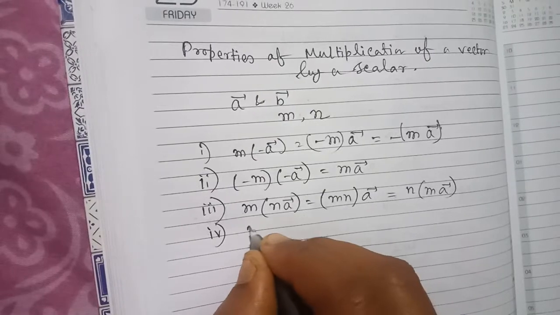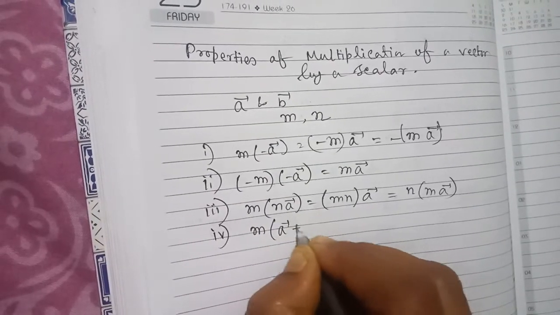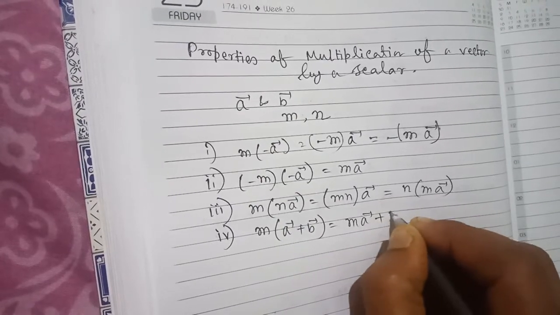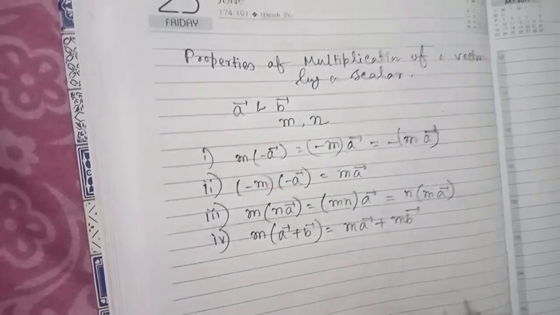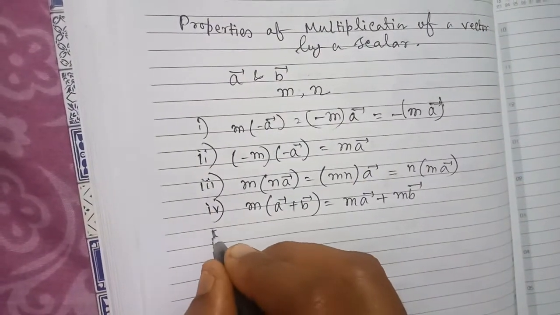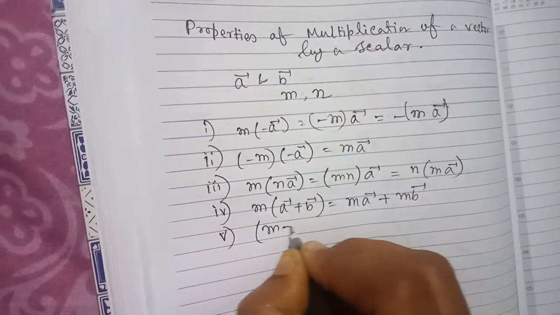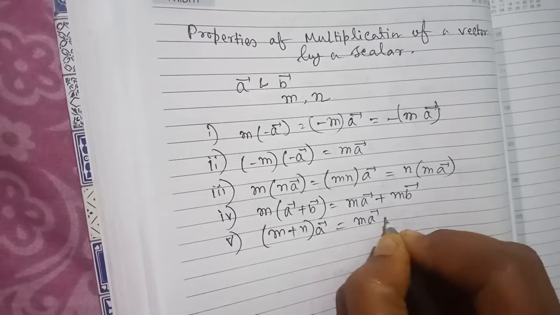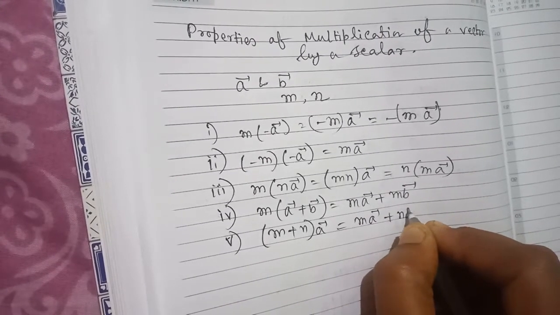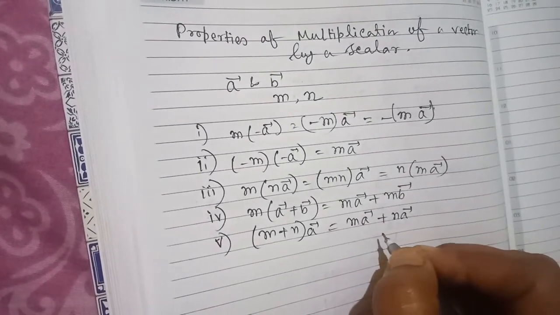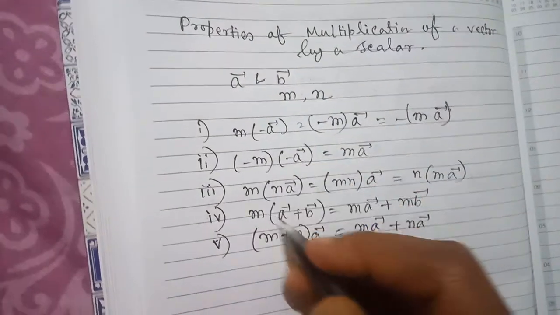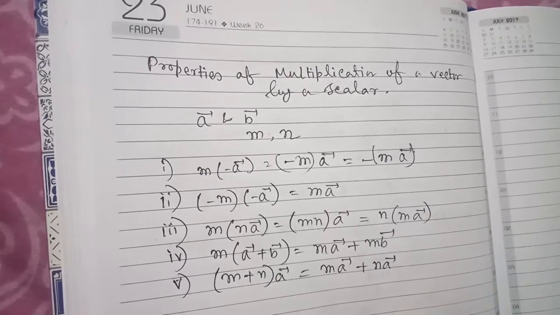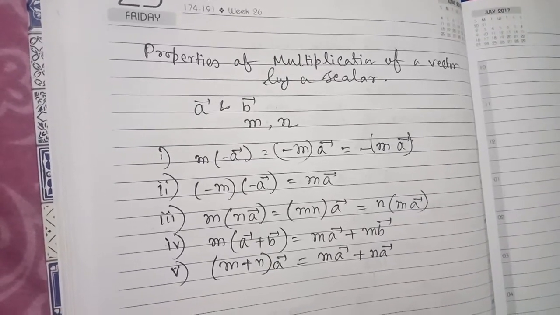Number 4, m into A plus B vector equals m A vector plus m B vector. Number 5, m plus n into A vector equals m A vector plus n A vector. So these 5 are the properties of multiplication of a vector by a scalar.